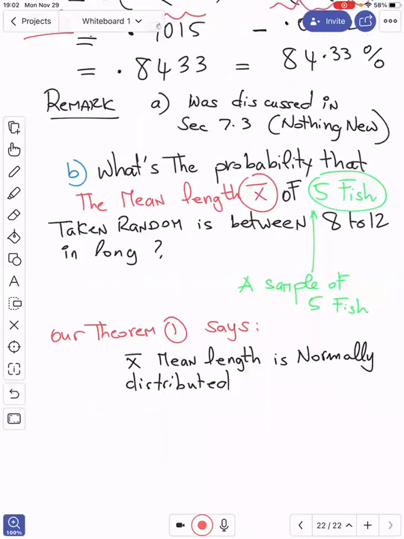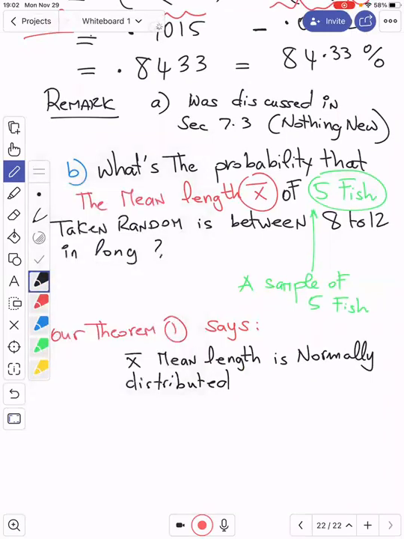Okay, and the mean of this normal distribution, right? Because we have a normal distribution. And the mean of this normal distribution is the mean of the original variable x. It's the mean of x.